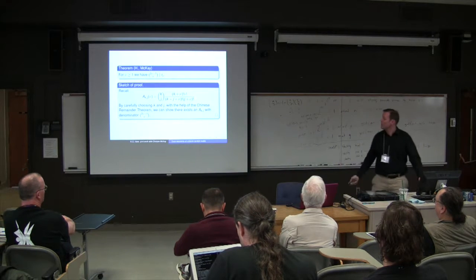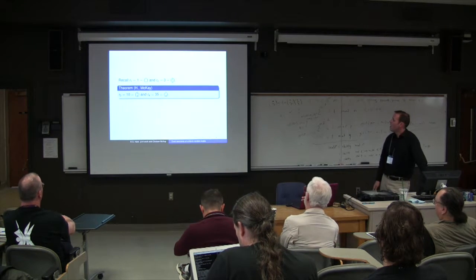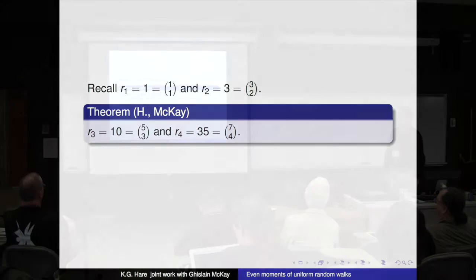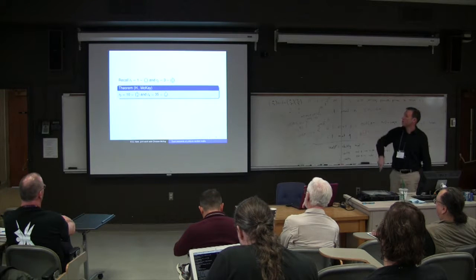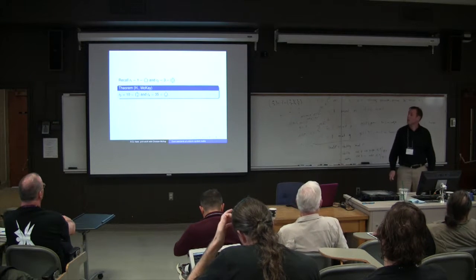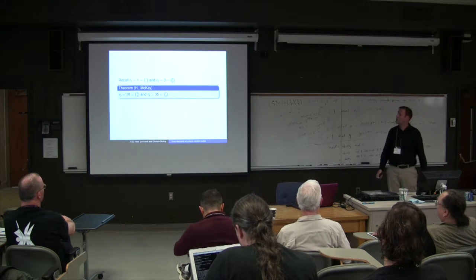It's not tight, but it's something. So I said R1 and R0 were both 1, and R2 is 3. We can actually explicitly choose or prove R3 and R4 using a bit more detailed analysis. These numbers here, the 5 choose 3 and 7 choose 4, match our conjecture exactly, which is partly where the conjecture was coming from.